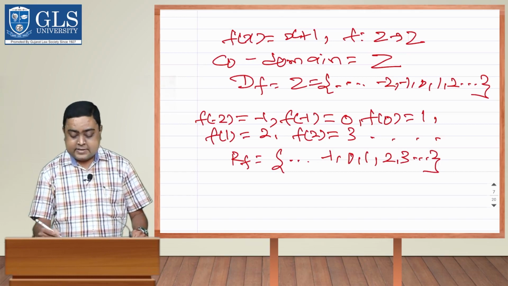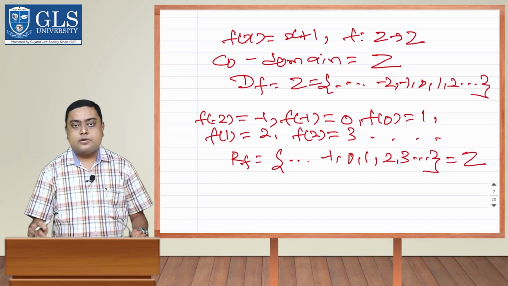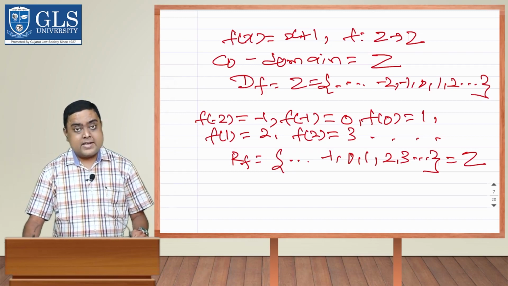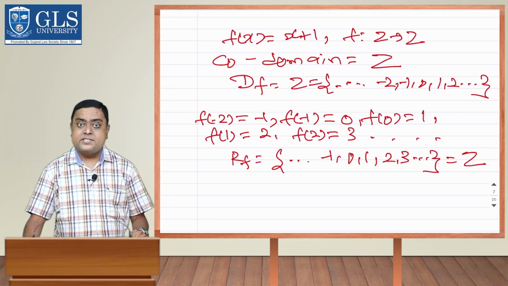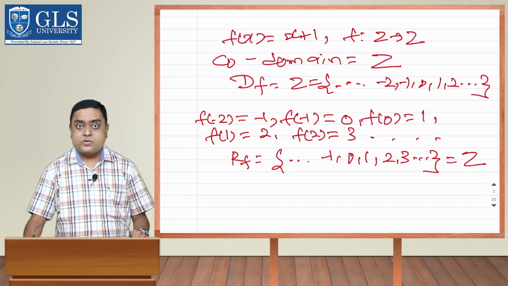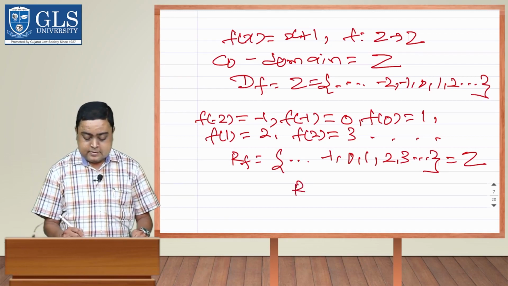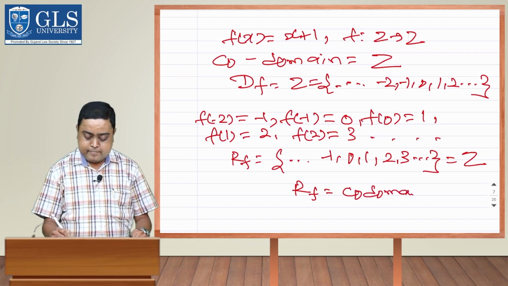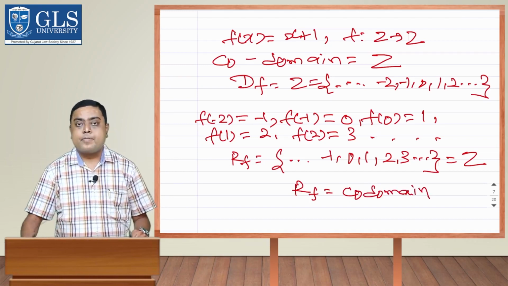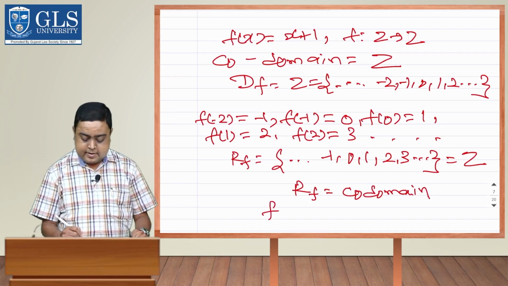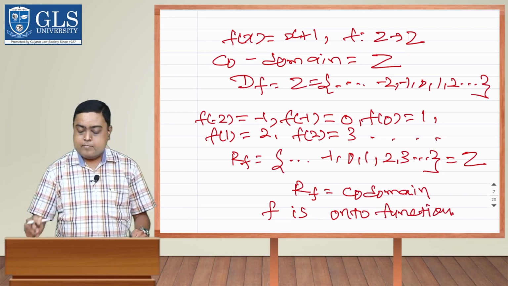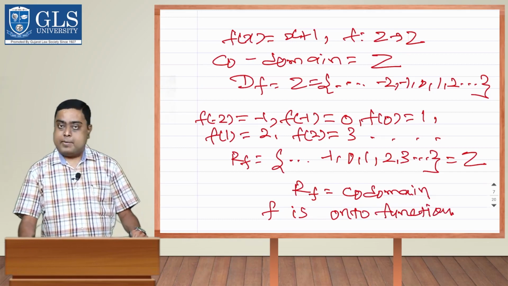And this set is the set of integers Z. So friends, here in this problem we find that range is Z, codomain is also Z. That is, the range of the function is equal to codomain, and therefore we say that f is onto function. Am I clear, friends?